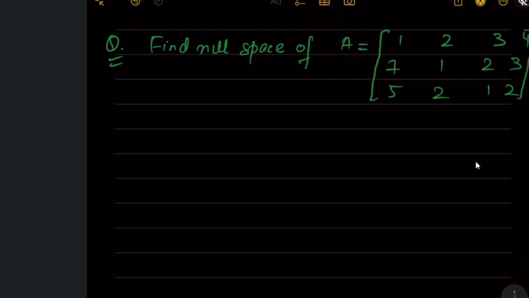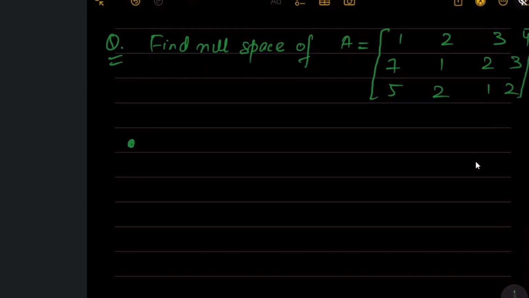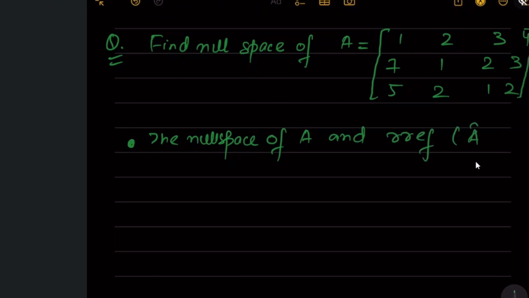So I will tell you one thing. For any matrix A and its row reduced echelon form, the null space remains the same. You should note this point down. The null space of A and its row reduced echelon form RREF, which we denote as A tilde, are the same.